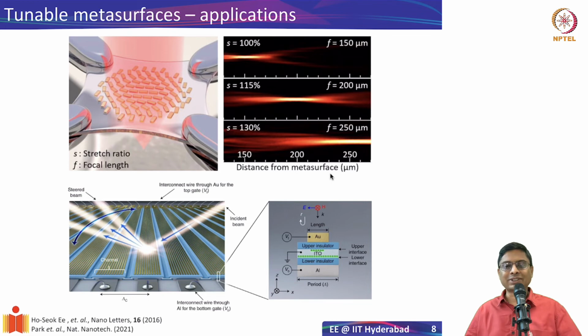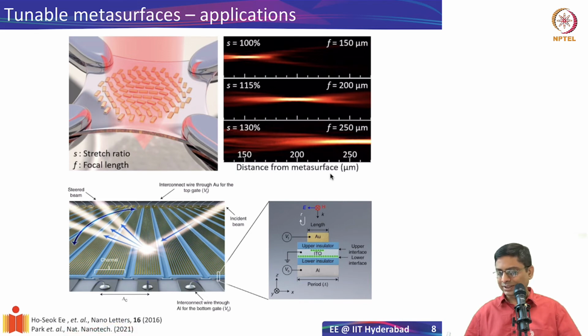You can introduce carriers into it by electrical voltage, and you can create these charges, and the charges will cause the response of this grating to change. People are looking at these things for what are known as spatial light modulators. Can we make a compact spatial light modulator that can have a lot of applications in things like LiDAR and so on? I think this is a work from Samsung.